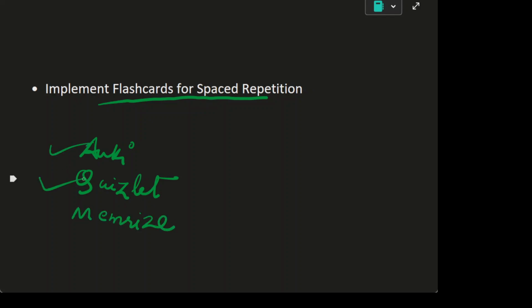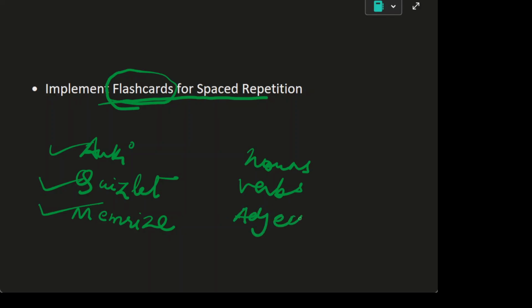These are platforms you can use to develop digital flashcards. You can organize the vocabulary into categories such as nouns, verbs, adjectives, and also idioms. These are categories in which you can organize your vocabulary and engage in active recall by self-testing on a daily basis. This is something which is required when it comes to the TOEFL exam.